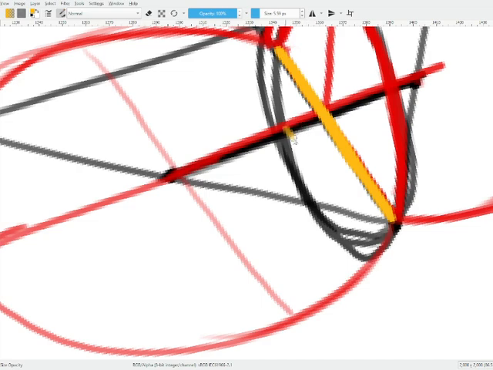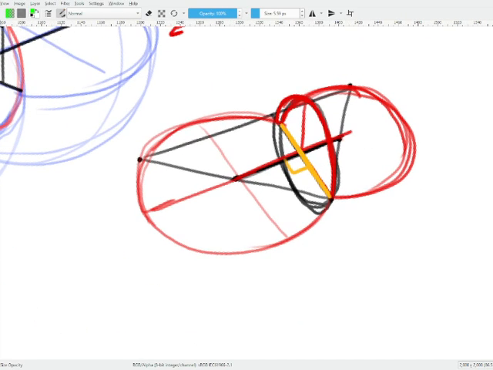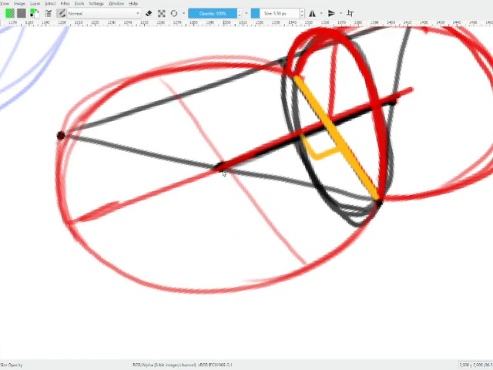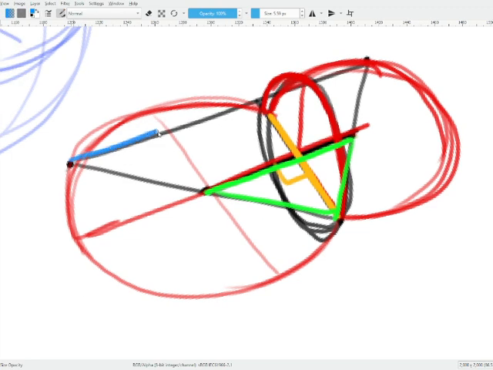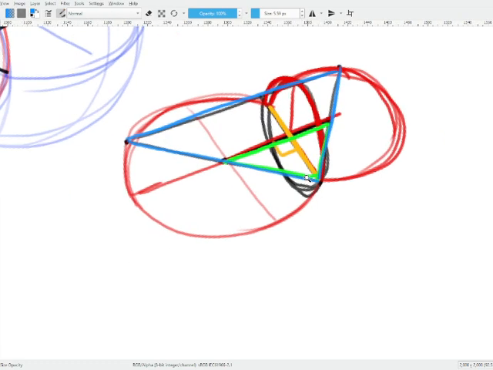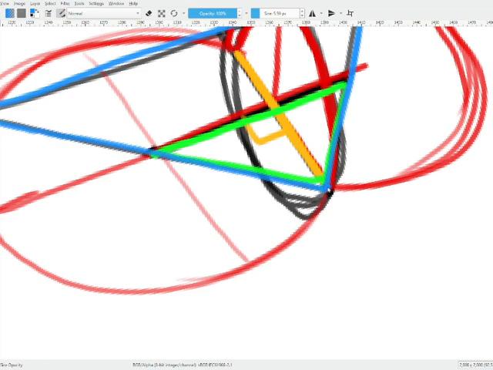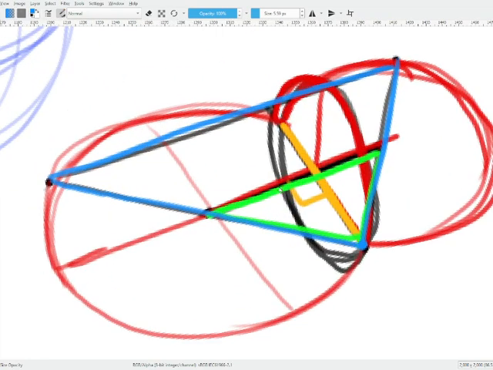Notice that these lines are orthogonal, but if you think about it, this small triangle is similar to the outer triangle. It is just the outer triangle reduced twice, with the center of the scale being this point.